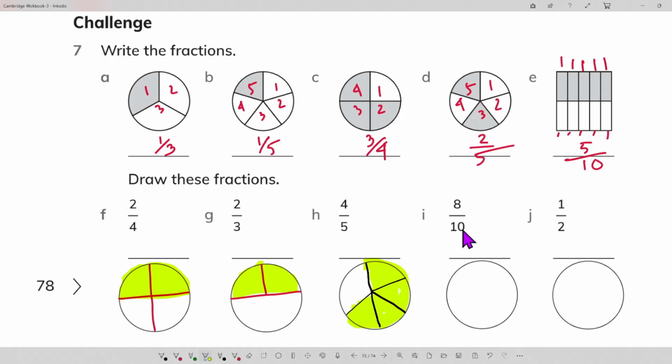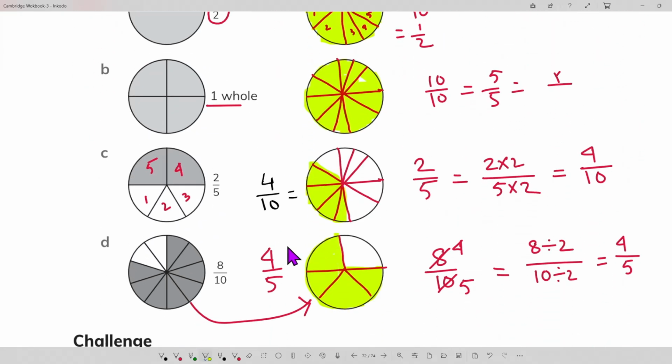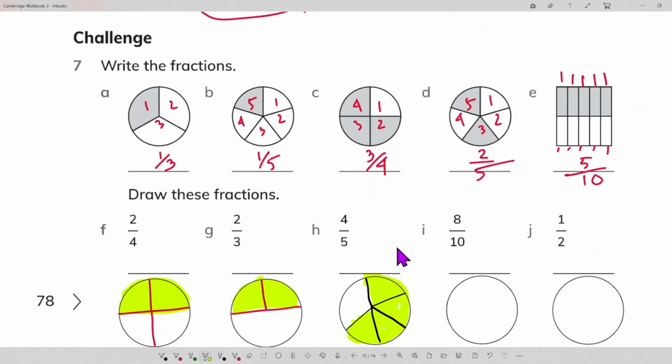And here is 8 by 10. We can't do 8 by 10 until we draw this one. So how can we make 10? We can make 10 like we did previously. So first this half, again half, again half. So 1, 2, 3, 4, 5, 6.